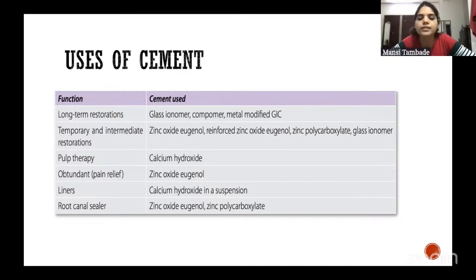Obtundent effect, that is the effect in which the pain is relieved. If the pulp is exposed at some time, or a small part of the pulp is exposed, you should definitely give a cement which will relieve its pain. Liners, calcium hydroxide. Root canal sealer, zinc oxide eugenol, zinc polycarboxylate. Okay, these are the different uses of the cement.